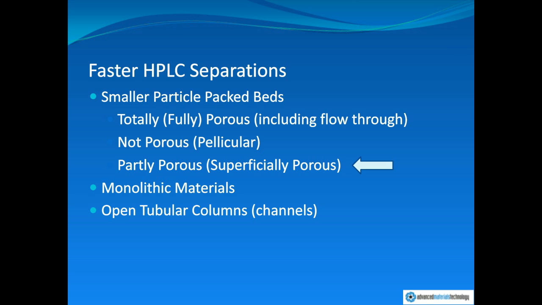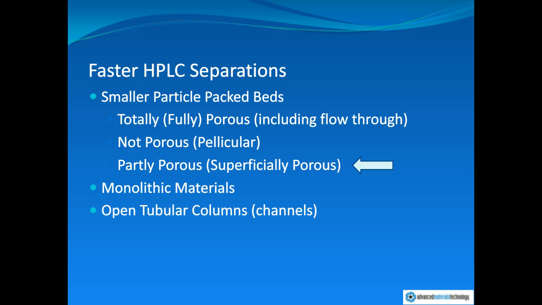Now, if you're going to do faster or higher resolution separations, you have a relatively narrow range of conditions or of materials that you can select for stationary phases. These can include, of course, smaller particle-packed beds.